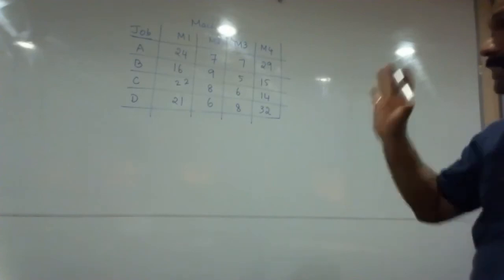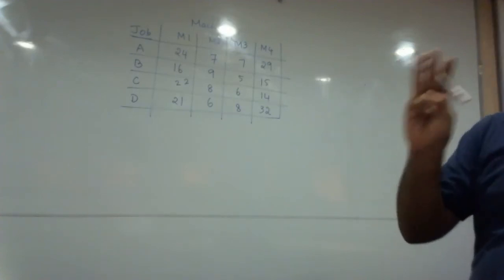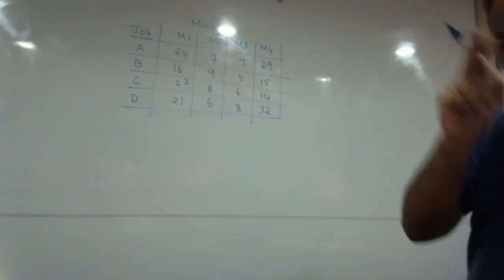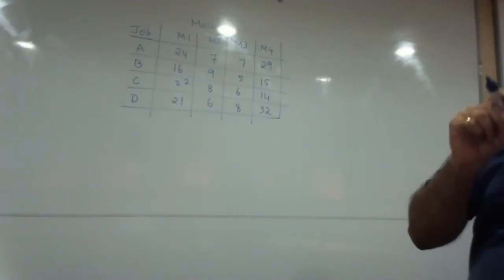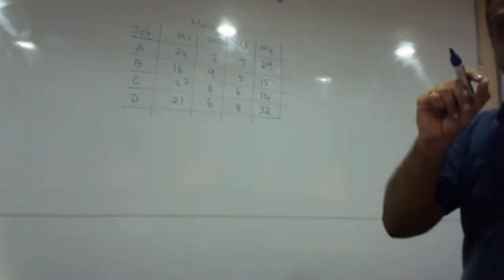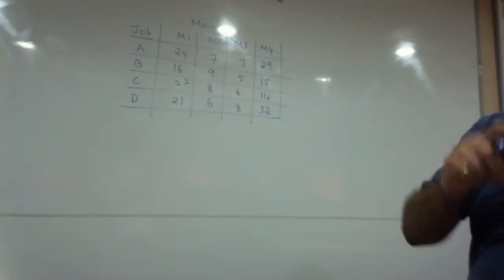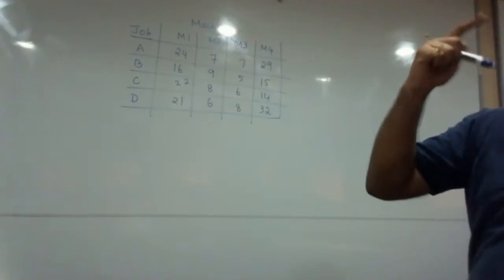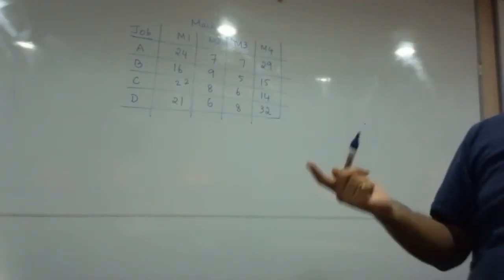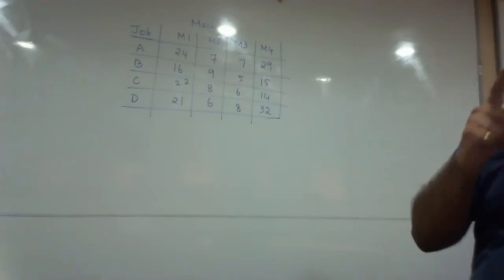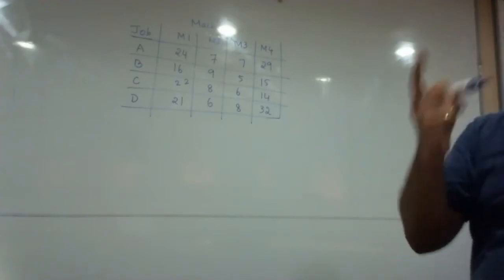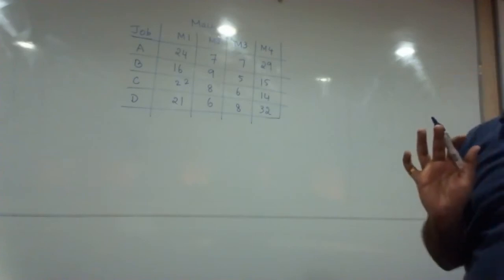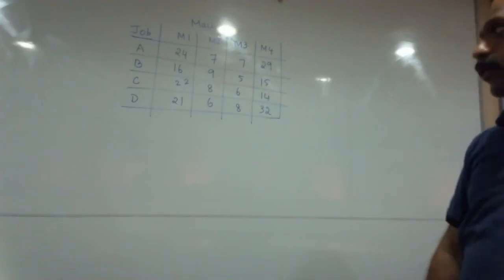Once it is clear that the problem belongs to case 3, the next important step is to verify the basic prerequisites required to convert this problem into a two machine problem. The reason is very simple: if I were to apply Johnson's rule, it has to be converted into a two machine problem. What are the conditions here?